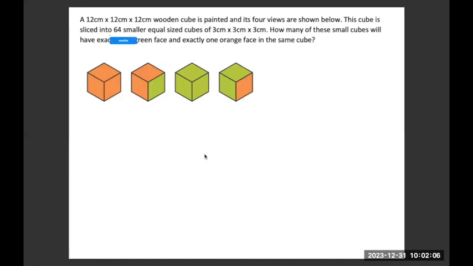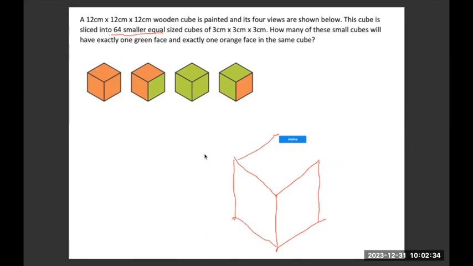64 equal sized pieces. 64 means four in one place, four in another, and basically along all four directions, x, y, and z axis, you're slicing it into 4 equal parts. 64 cubes. So if this is a cube, we're slicing it here into 4 equal parts like this.